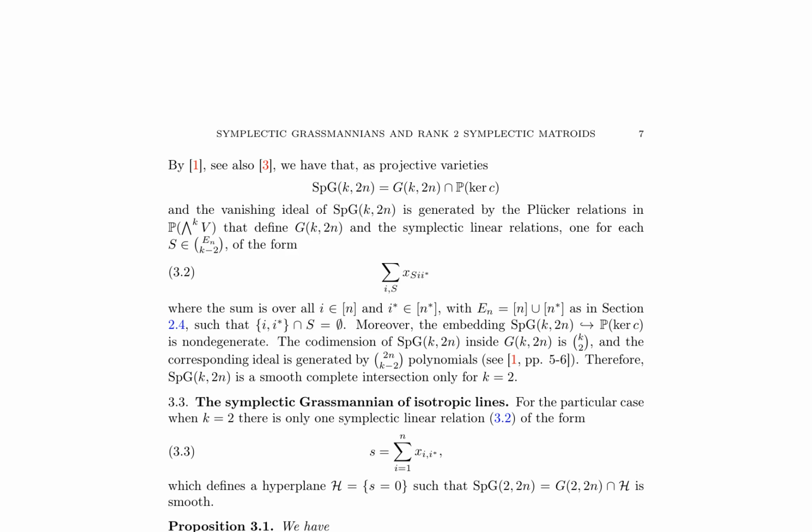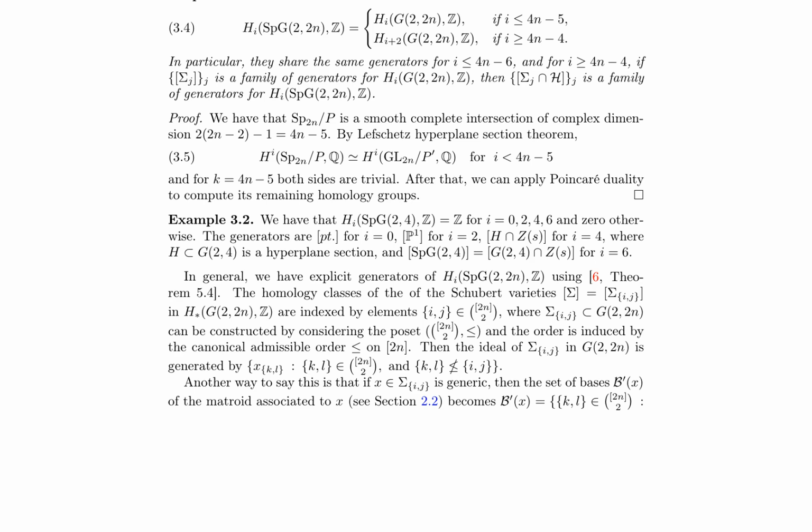However, the symplectic Grassmannian is a smooth complete intersection only when k equals 2. This specific case, known as the symplectic Grassmannian of isotropic lines, exhibits unique properties that make it particularly interesting for researchers. For instance, the homology groups Hi(SPG(2, 2n), Z) can be studied in detail, providing insights into the topological structure of this geometric object.